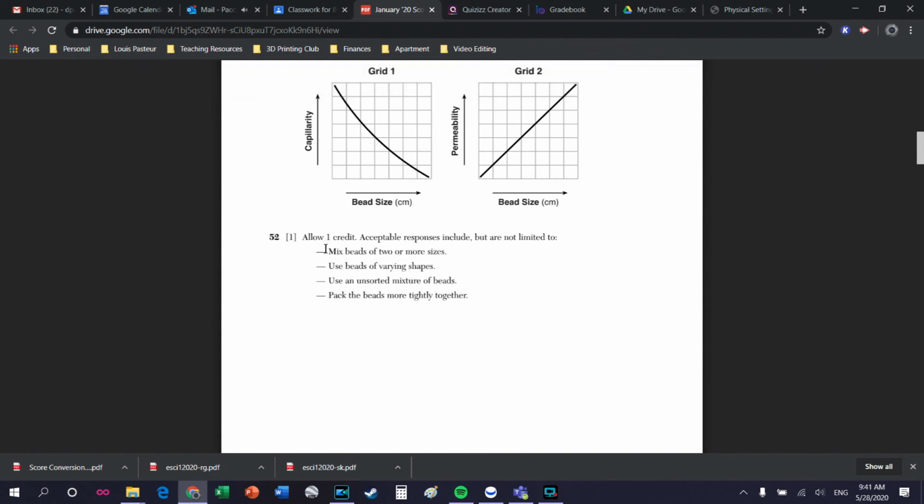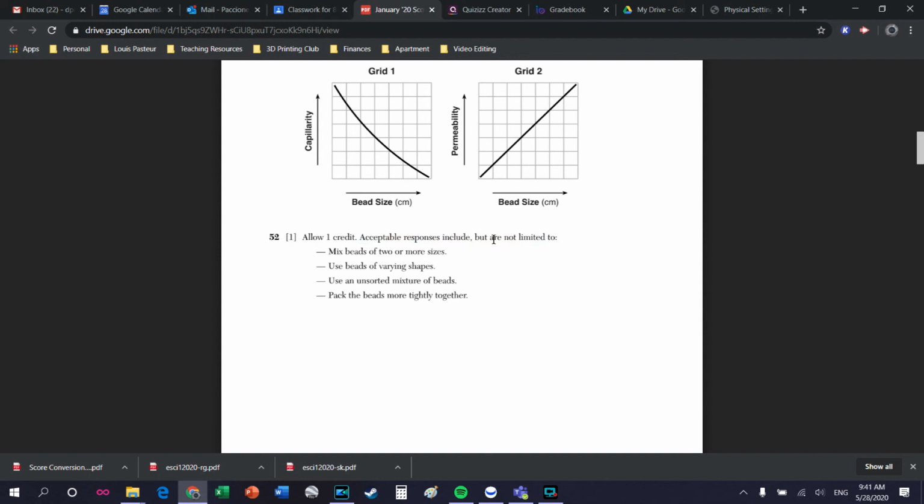All right, how about this one? For question 52, you can see how there are multiple correct responses. I'm having all of you in the live session today, and we're going to do this together. But here's a situation where coming to the live session is really helpful because you may have given an answer that's similar to this, and you're not quite sure. But notice how it says acceptable responses include, but are not limited to.